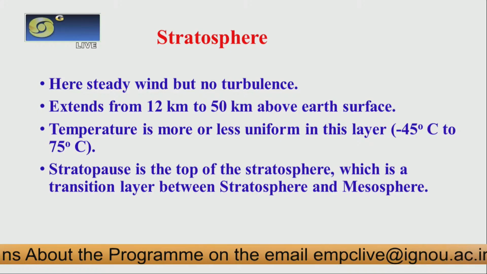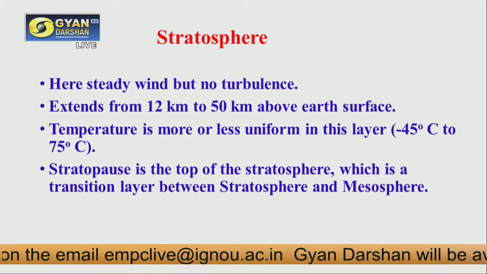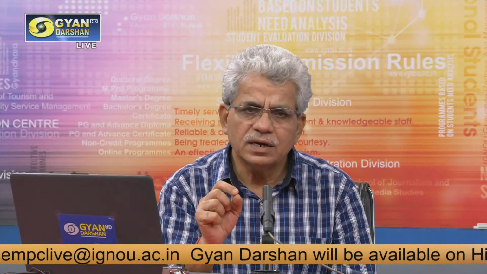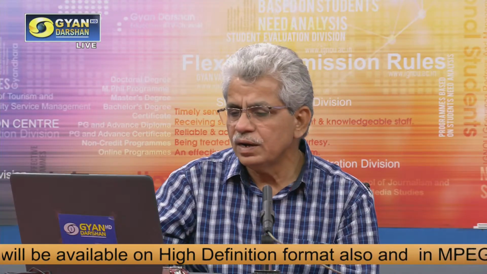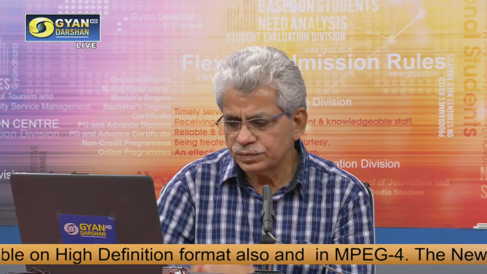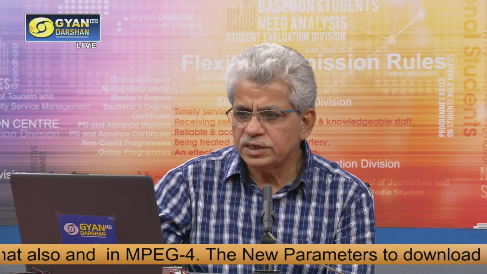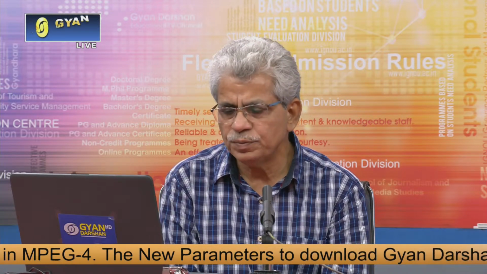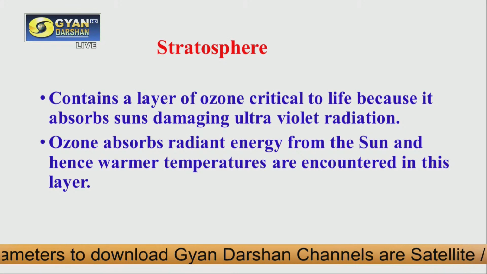Like the tropopause, which was a demarcation line, here the layer between the stratosphere and the mesosphere is the stratopause. Now we move to the next layer. The title is wrong here, it should be mesosphere. Basically it contains a layer of, no, it is okay, fine.